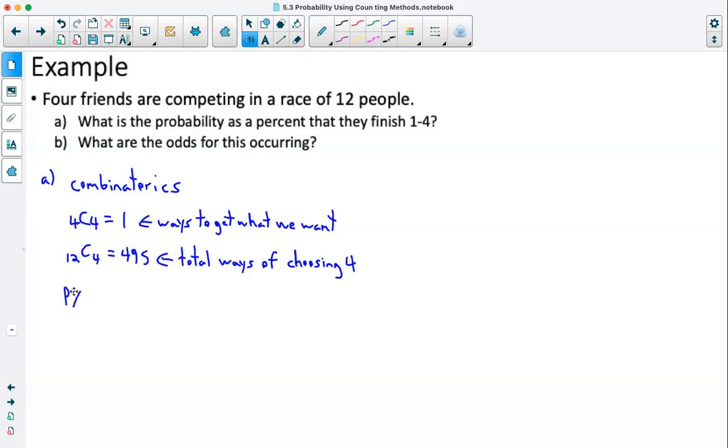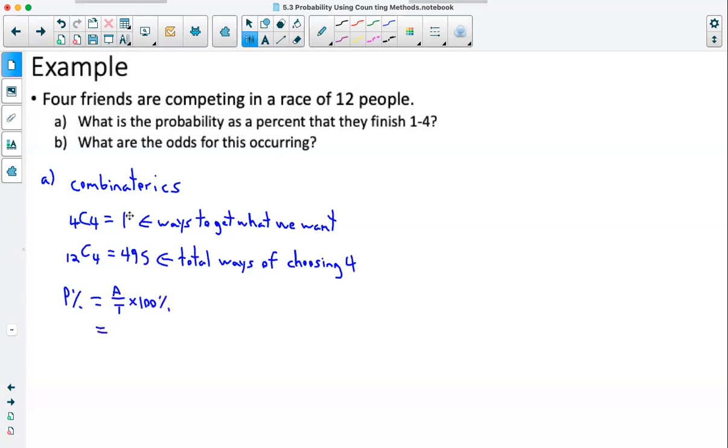The probability as a percentage is A over T times 100, adding a percentage sign.